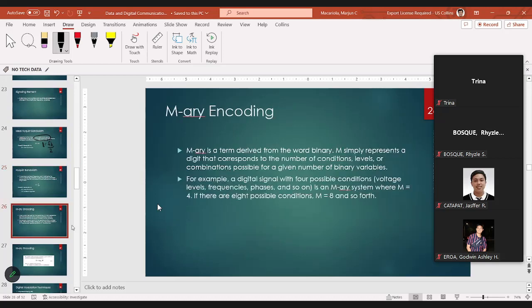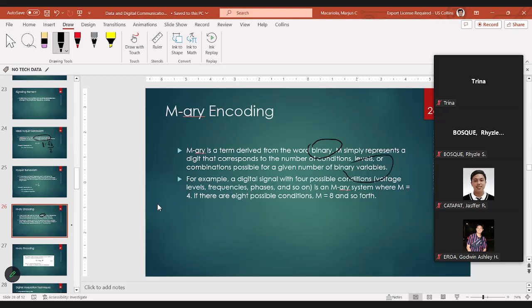Okay. So si M-ary encoding naman, in digital communications, you will encounter the word M-ary, which is a term derived from the word binary. M simply represents a digit that corresponds to the number of conditions, levels, or combinations possible for a given number of binary variables.